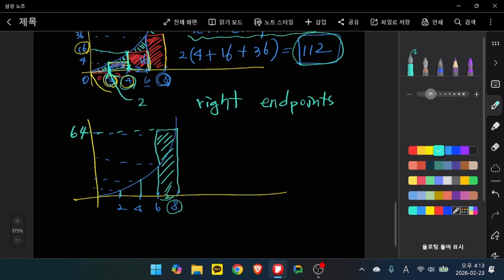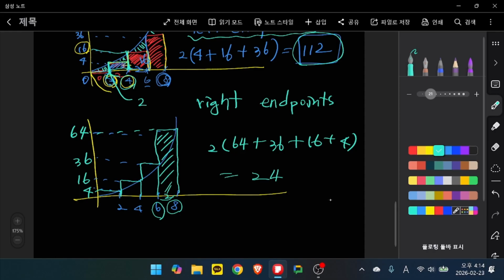So 2 times 64 plus, for this rectangle, if I use the right endpoint, the height will be 36, for this rectangle plus 4. If I add up all this, it might be 140.